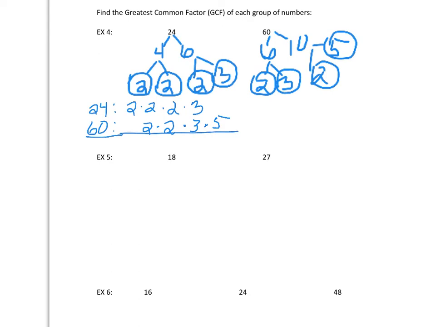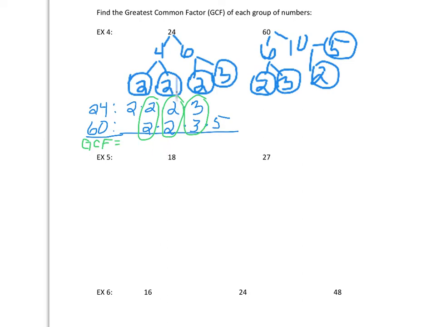And then we're going to find the GCF. So GCF equals. You're going to circle what they have in common. They each have a 2 here, and they each have another 2, and they have a 3. What they don't have in common is this 2 here, because there's a blank here. And they don't have this 5 here because there's a blank here. And then you're going to take one 2 from each of these groups because 24 and 60 have only two 2s in common.